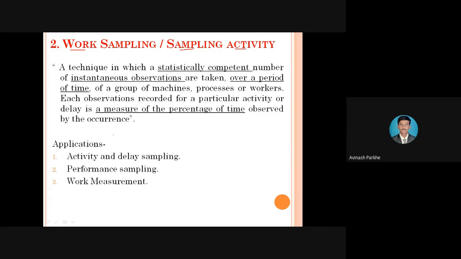And if we make a number of observations over a period of time, you will get detailed information like how many machines are in working condition and how many are in idle condition.